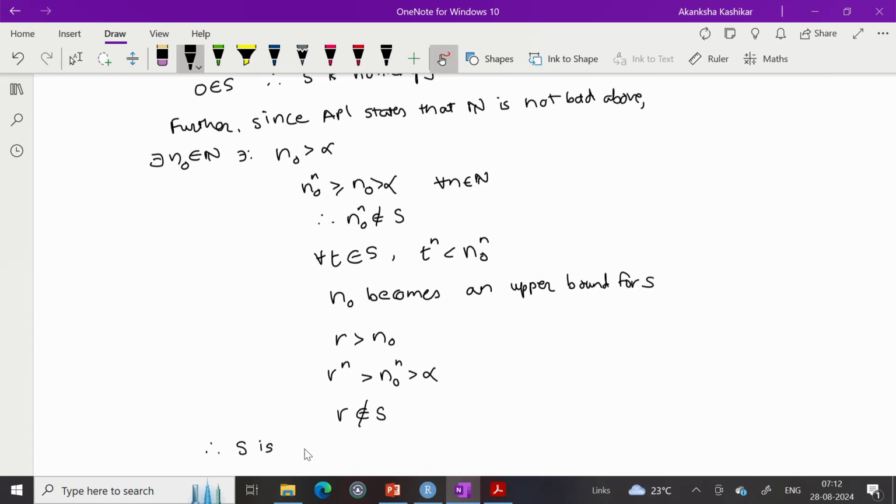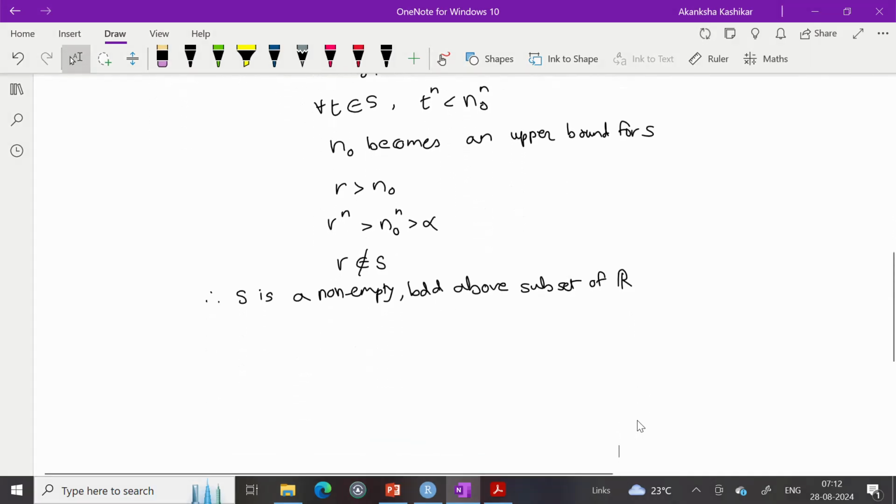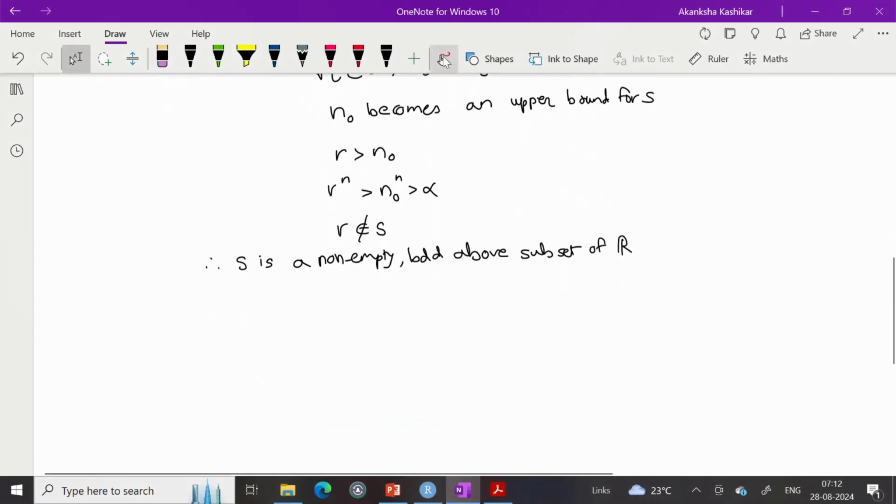Therefore, S is a non-empty bounded above subset of R. Okay, S is a non-empty bounded above subset of R, and hence by LUB property S must have an LUB.